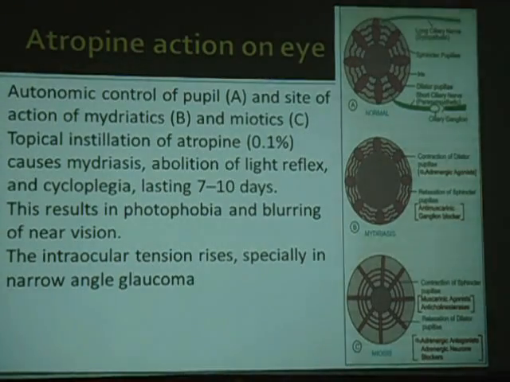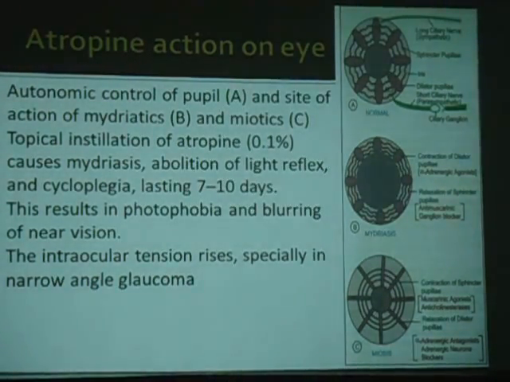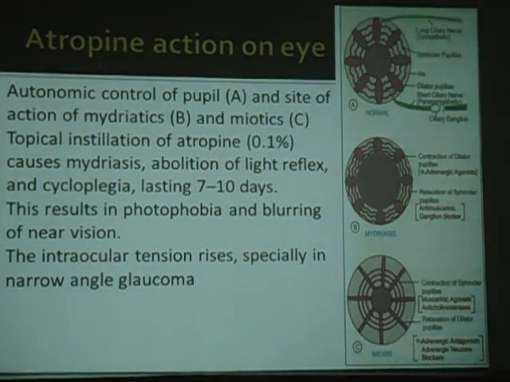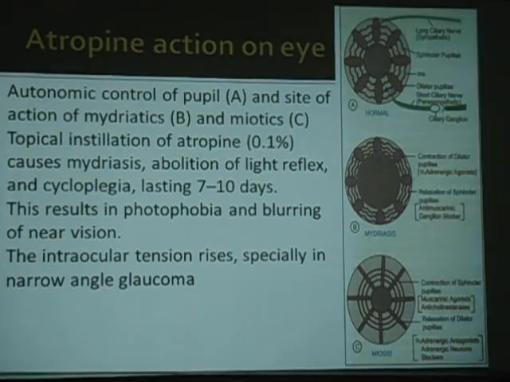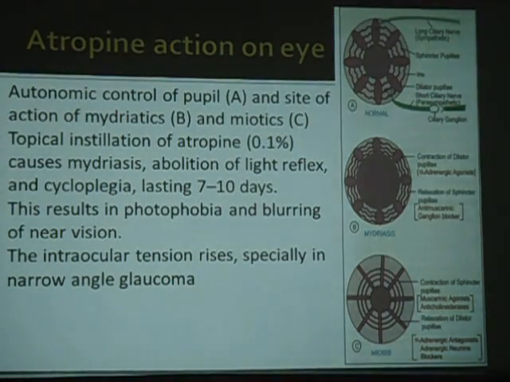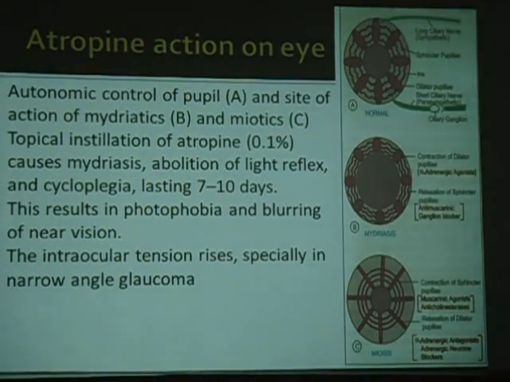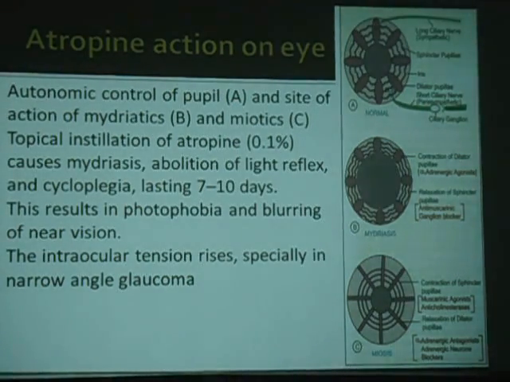Direct adrenergic effect is mydriasis. Indirect cholinergic action, that is mydriasis, can be brought about by our atropine, which can cause cycloplegia of the circular muscles. Atropine can cause cycloplegia of the circular muscles, and as it is not acting directly on the radial muscles but on the circularly placed muscles, we call it indirect mydriasis.